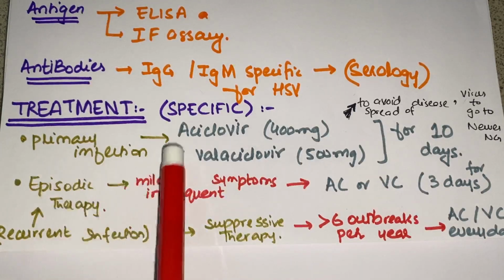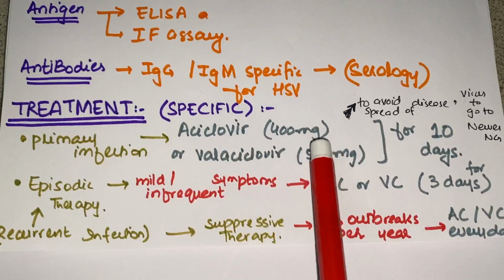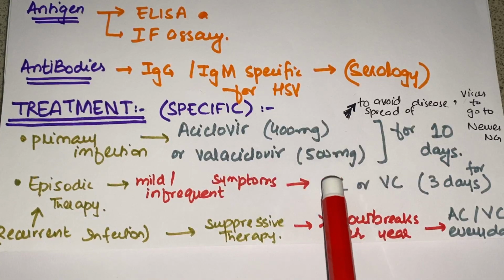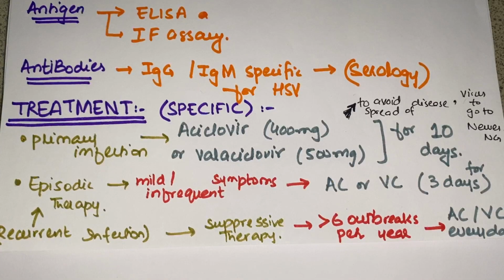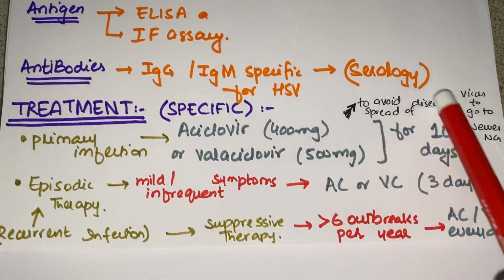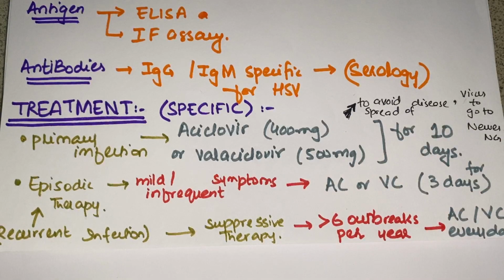If there is primary infection, then acyclovir 400 mg or valacyclovir 500 mg is given for 10 days. We give the drug immediately as soon as we diagnose it, so that we can avoid the disease spreading largely and the virus going into the nerves, and then the complication of reactivation and recurrent disease.